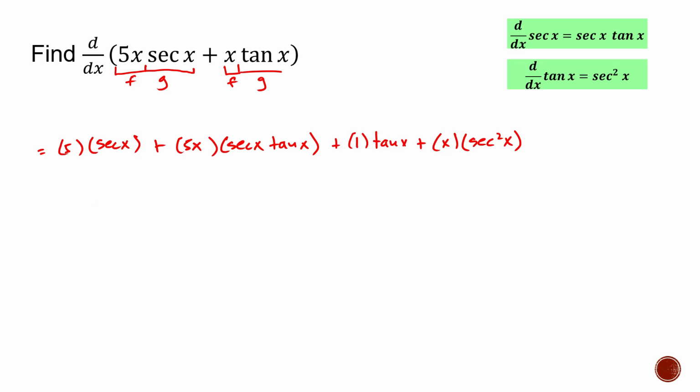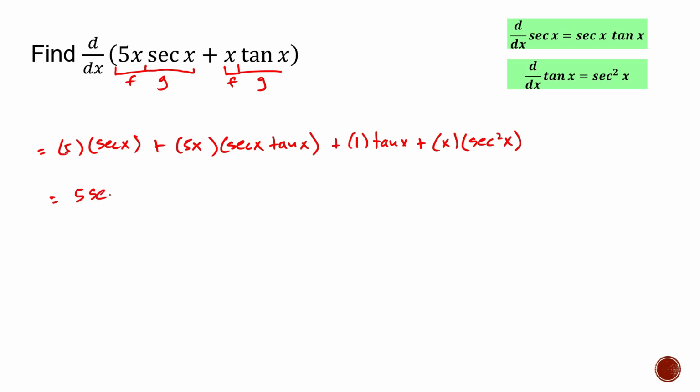So the derivative of 5x is 5, and then copy secant x, and then 5x, which is f, times the derivative of secant x, which is secant x tangent x, plus the derivative of x, which is 1, and then tangent x plus x, and then the derivative of tangent x, which is secant square x. Let's simplify this one.